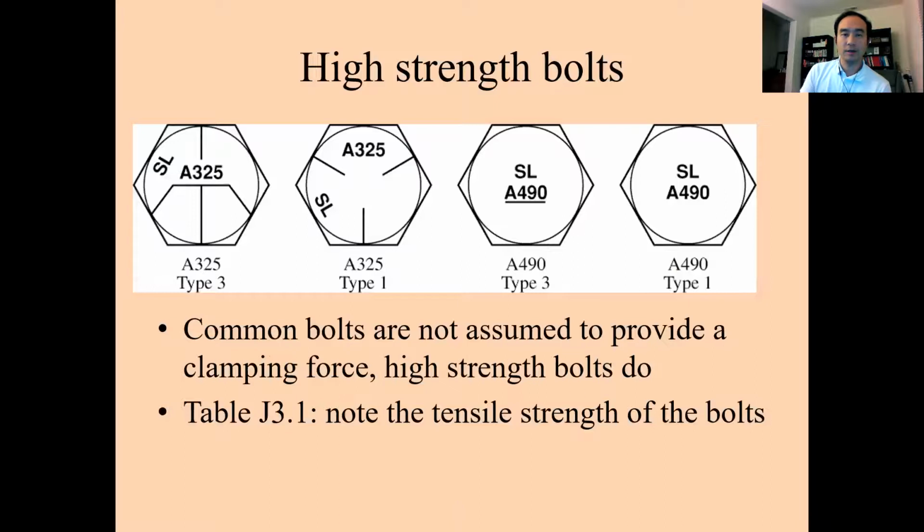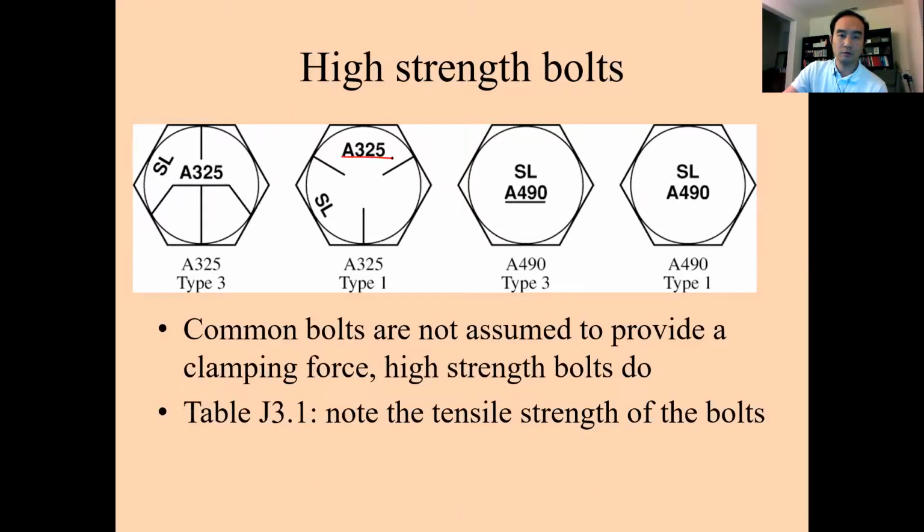Okay, let's talk about the high strength bolt. In general, we use very high strength material for the bolt itself because we'd like to make sure that the connection has a higher strength than the other connected members so that we do not have a failure at the connection portion. That's kind of the main idea.